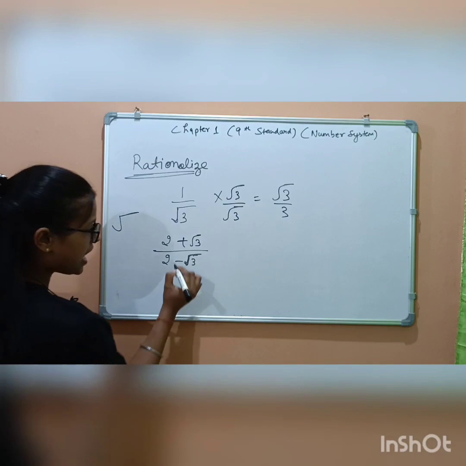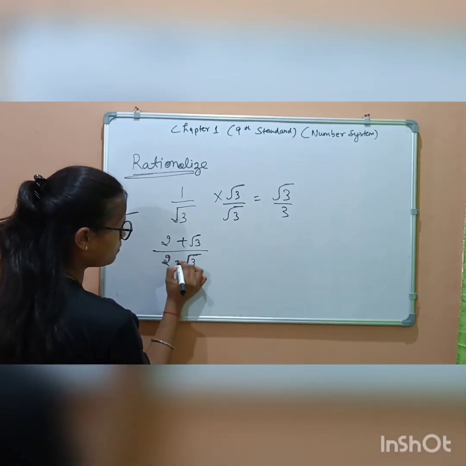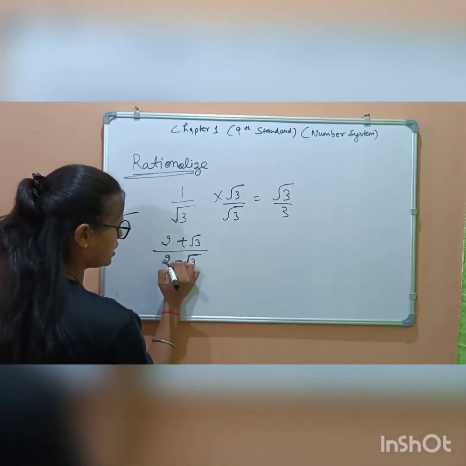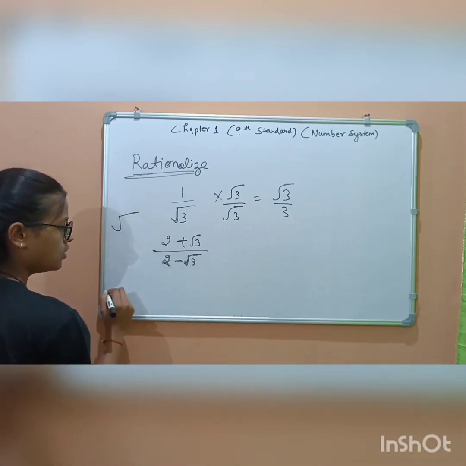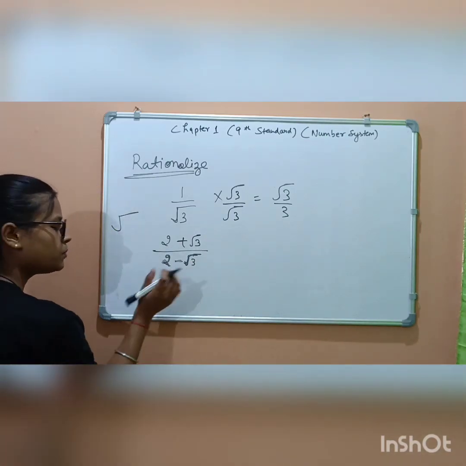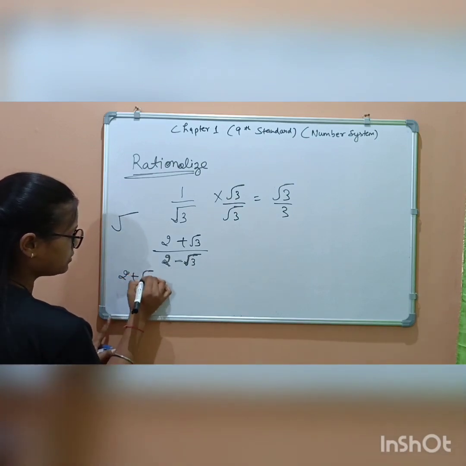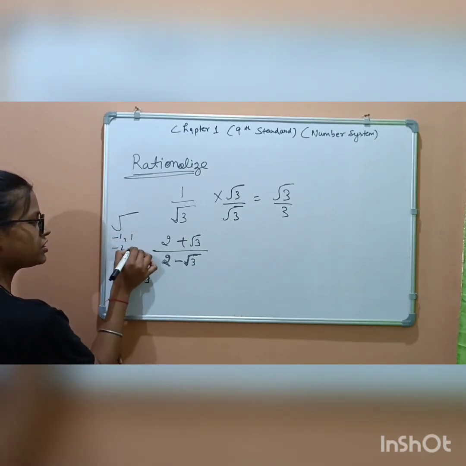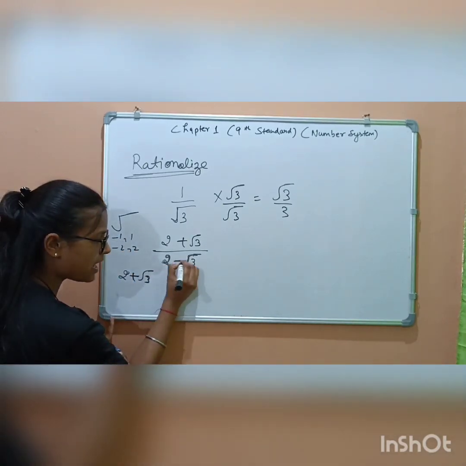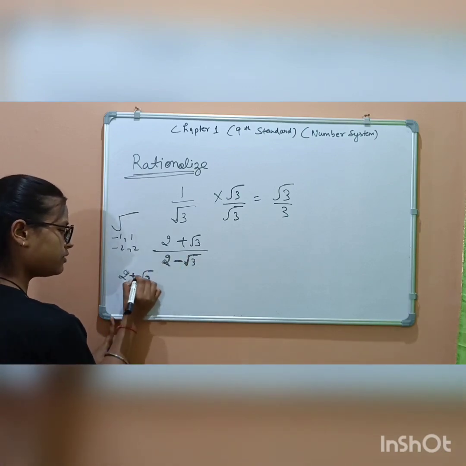Okay. So if I have a denominator like 2 minus root 3, what's the reverse of this? Obviously the reverse of 2 minus root 3 will be 2 plus root 3. You know, the inverse of minus 1 is 1, minus 2 is 2. So if here is minus, then obviously the reverse of this will be plus.